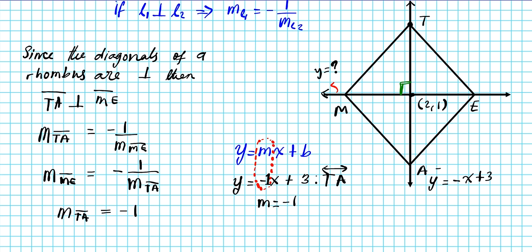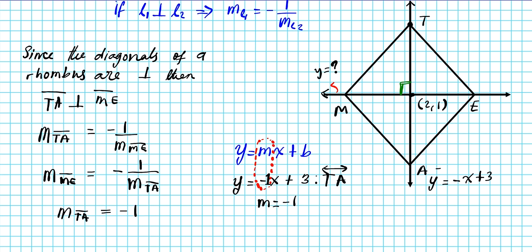So let's pull all that together. We're going to have y, which is 1, equals m, which is 1, times x, which is 2, plus b. We're trying to find b here, okay? So 1 equals 2 plus b. If you subtract 2 from both sides, that gives us a b value of negative 1. Alright? So b is negative 1, m is 1.